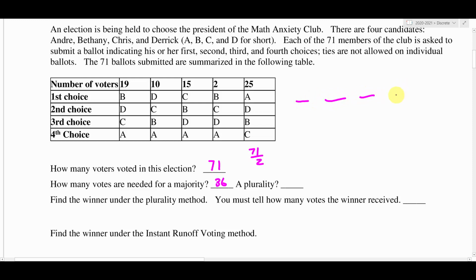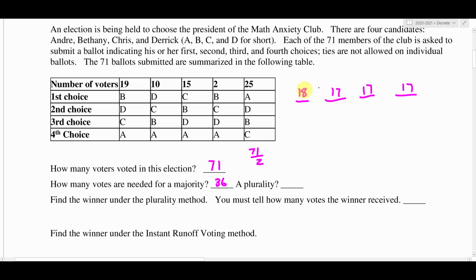Okay, and the way that I like to start these off, I like to take the number of votes that we have and divide by the number of choices. It gives me a good starting point. So when I do 71 divided by 4, I get 17.75. So I'm going to start off with 18, and let's say this is going to be my plurality winner. Okay, so if this is my plurality winner and they got 18 votes, that means the other 3 candidates couldn't receive more than 17 votes, right?